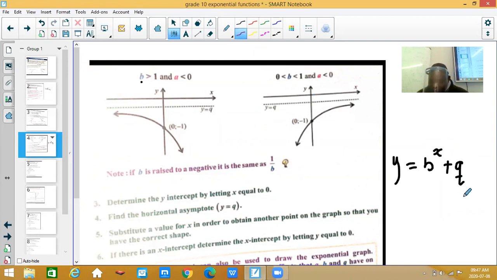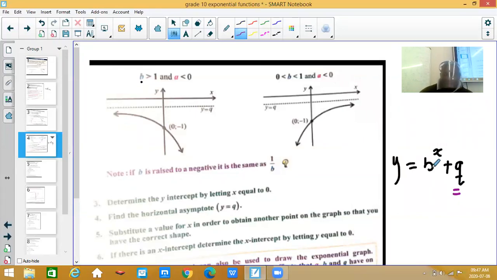It is q. You remember yesterday we were saying our horizontal asymptote will be the number that comes here. So this one is the horizontal asymptote as well on exponential functions, right? Once you have this one, you know it is our horizontal asymptote.